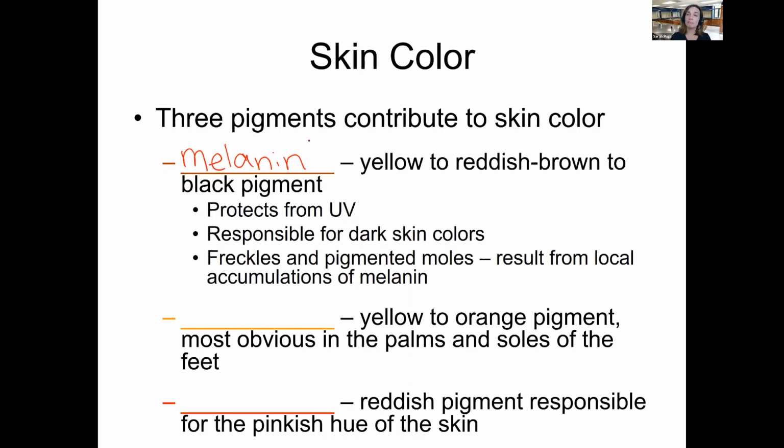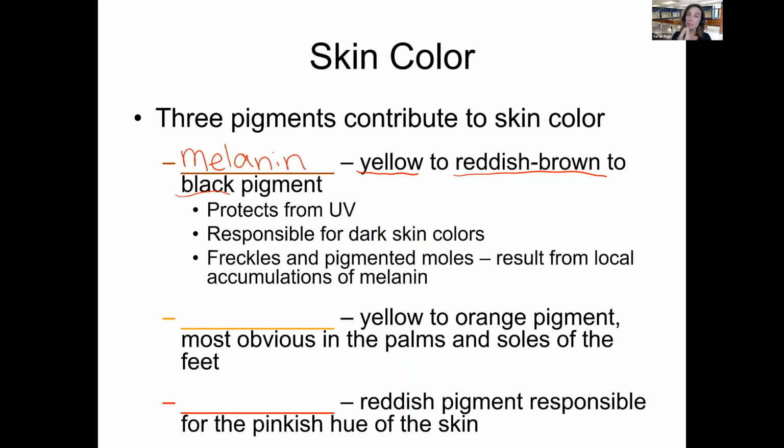Melanin can range in color from person to person. It can be yellow in color, very light in color, or it can go to a reddish brown to a black pigment. If you are Caucasian, your melanin is going to be lighter, more of a yellow color. African Americans, your melanin is going to be much darker, more brown, more black.